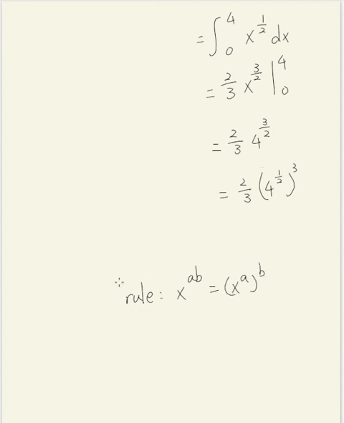So we're just using this rule to claim that 4 to the 3 over 2 can be computed by 4 to the 1 over 2 and then to the third. Now 4 to the 1 over 2 is just the square root of 4, which gives us 2. So it's 2 over 3 times 2 cubed, which is 8, so it's 16 over 3.